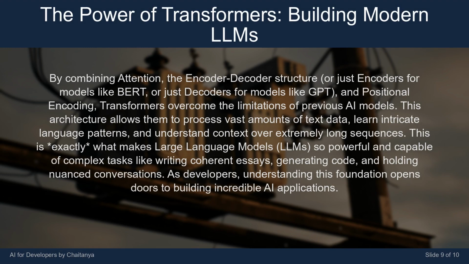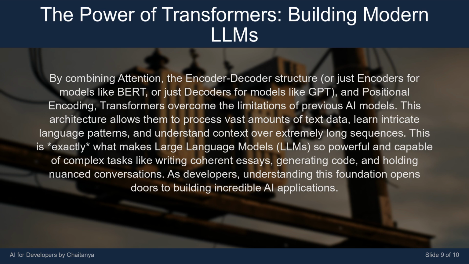By combining attention, the encoder-decoder structure, or just encoders for models like BERT, or just decoders for models like GPT, and positional encoding, transformers overcome the limitations of previous AI models. This architecture allows them to process vast amounts of text data, learn intricate language patterns, and understand context over extremely long sequences.